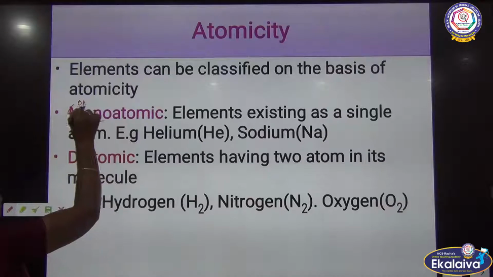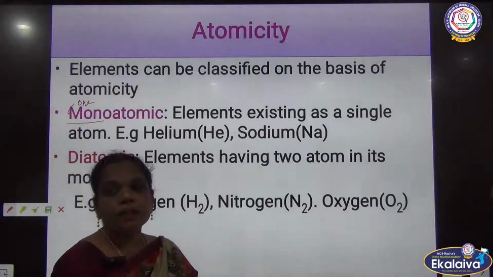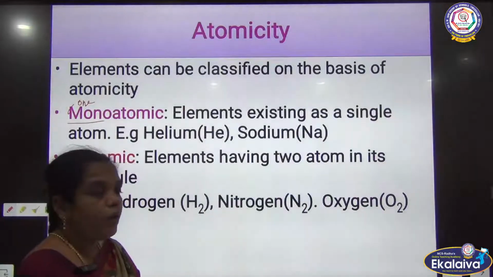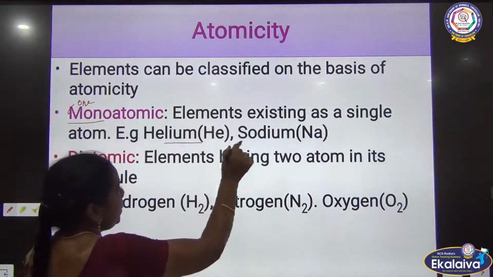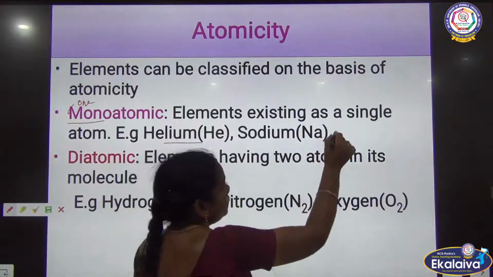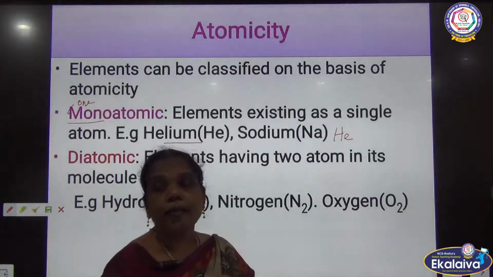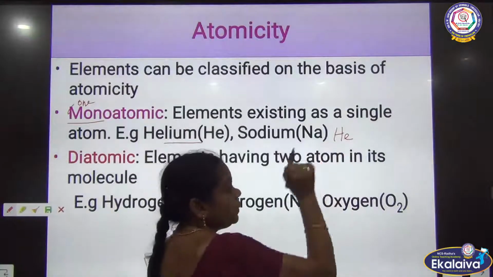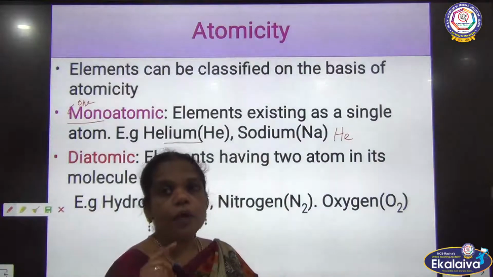If a single atom is present, it is called what? Monoatomic. For example, you can see here helium. The atomicity can be expressed in the subscript of the chemical formula. Here there is no subscript, so the atomicity of helium is 1.